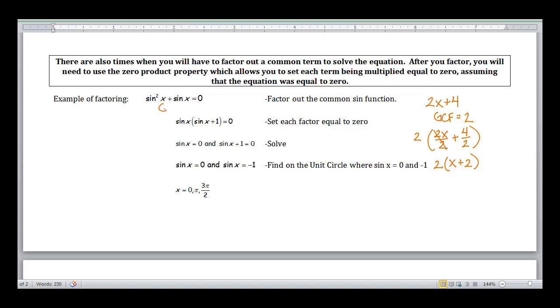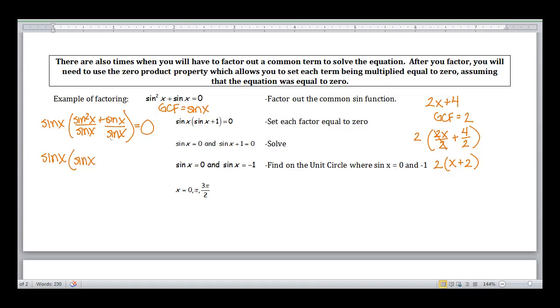We can see that our GCF is going to be the sine function. And so if I take the original 2 terms and divide by my sine function, my GCF, sine squared of x divided by sine of x is just sine of x.